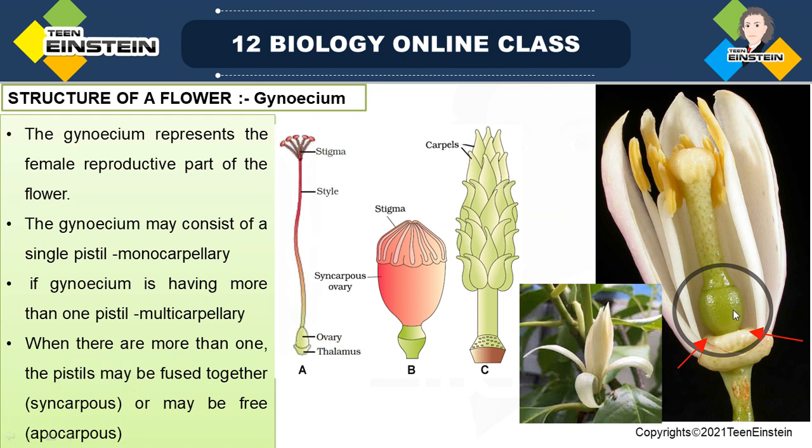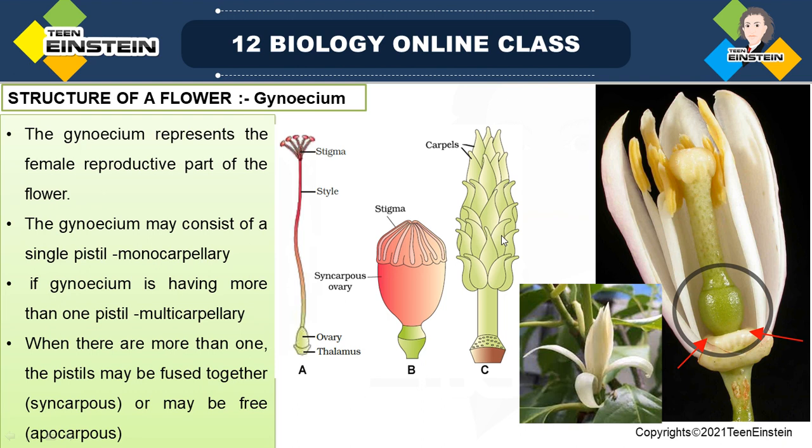Gynoecium is the female reproductive part. Okay. Gynoecium may have a single pistil, or gynoecium is otherwise called as carpel. So many carpels, they are collectively called as gynoecium.